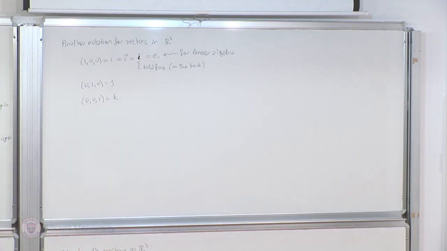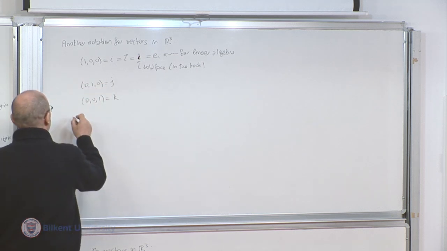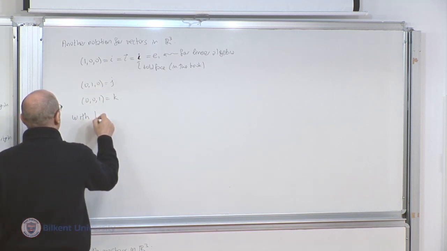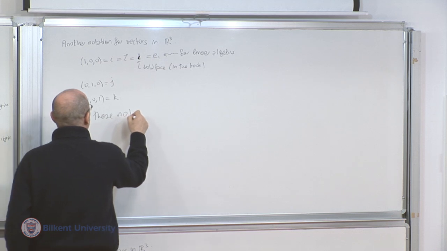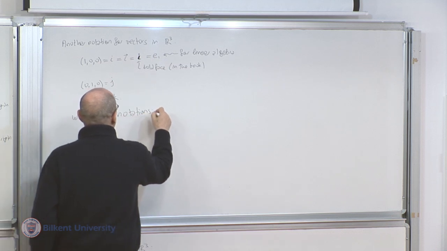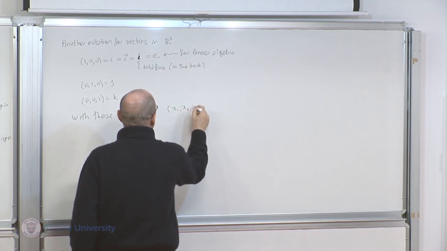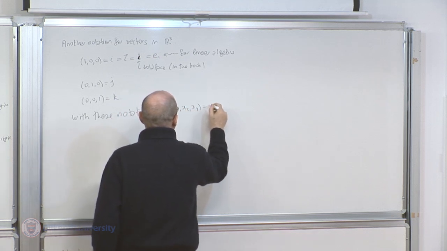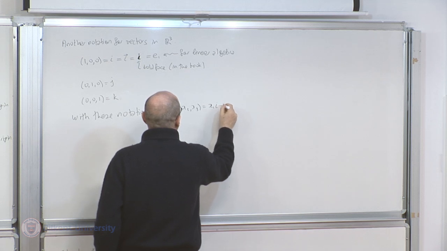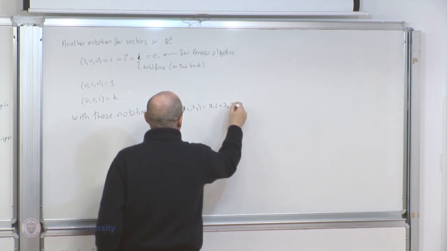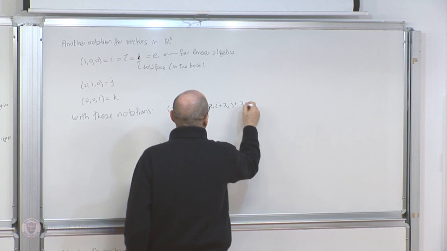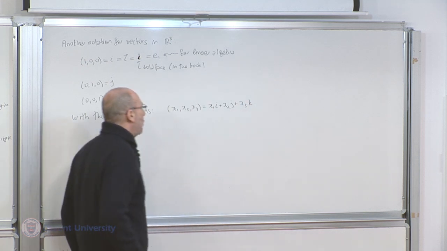Okay, so since in Calculus 2 we will be restricted only to R2 and R3, it helps to use these things. With these notations, for example, if you have x1, x2, x3, we write this as x1 i plus x2 j plus x3 k.